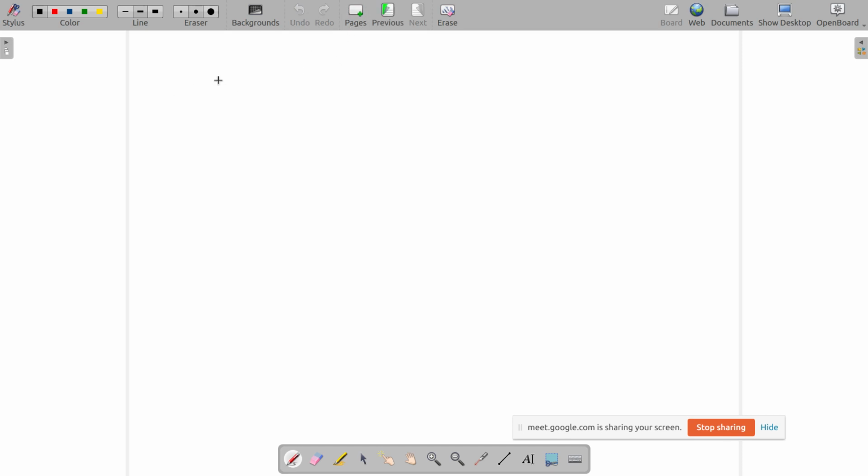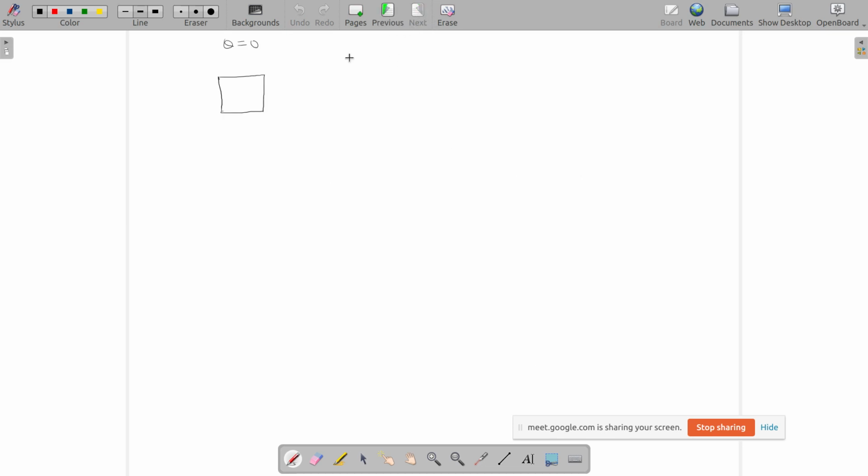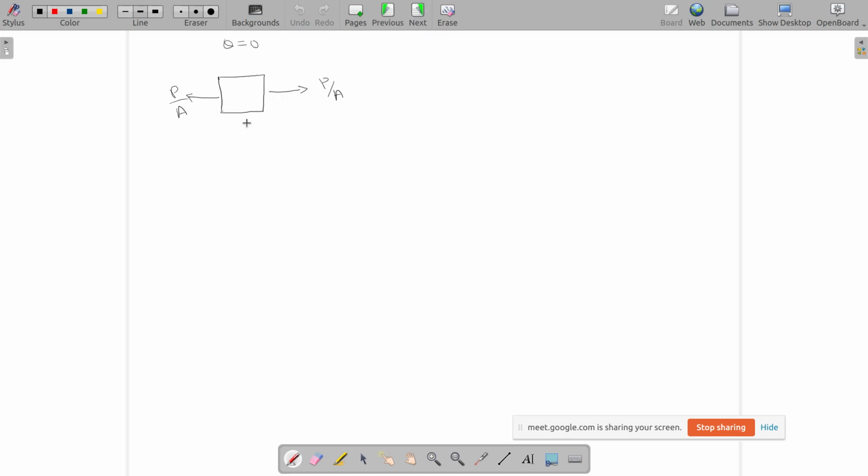If theta is equal to 0, cos theta will be 1, cos square theta will be 1, and hence this stress value will be P by A. And sin 0 is 0, therefore in the vertical direction stress is 0.